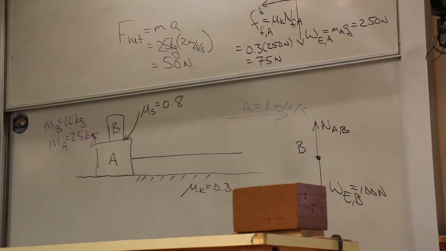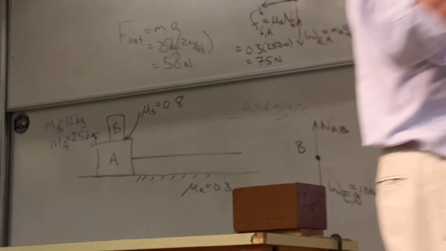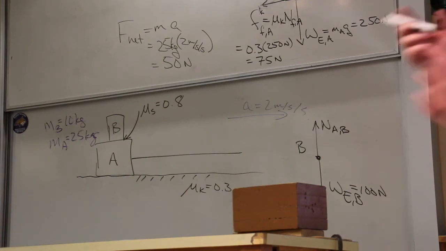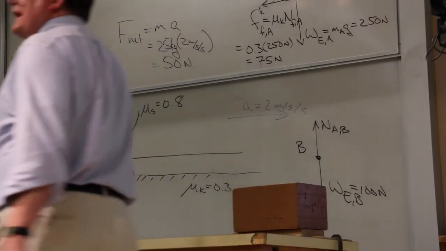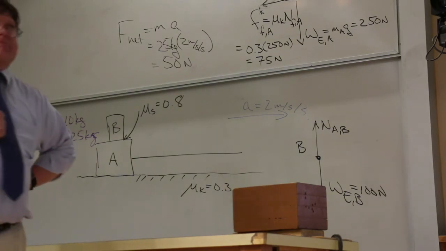That means I've only got one more force that I can put on this diagram. And that force can only point to the right, to the left, or it can be zero. Those are your choices. And the question is, what do I want my diagram for B to do? Do I want it to accelerate to the right, to the left, or balance? Tell your neighbor, which is it?